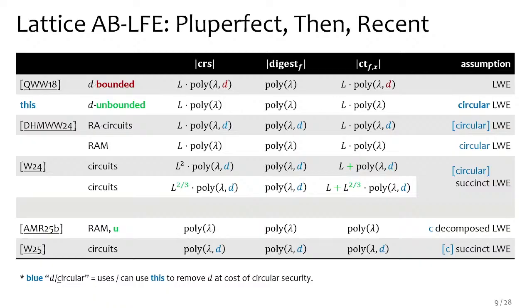And in all these subsequent works building ABLFE from lattices, you can plug in our version of evaluation and get an upgrade. Here, if I have this bracket, it means that there's a version that uses non-circular LWE, and you get a version that has depth dependency. And if you add circular to this assumption, you get depth unbounded plus you remove the depth dependency.